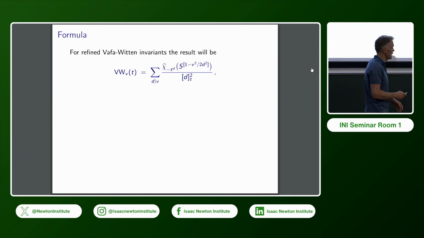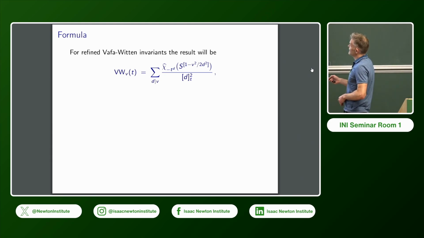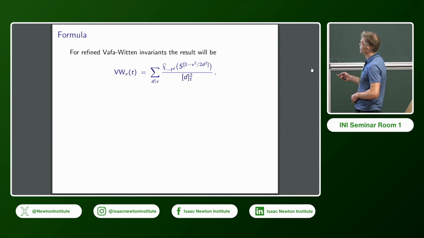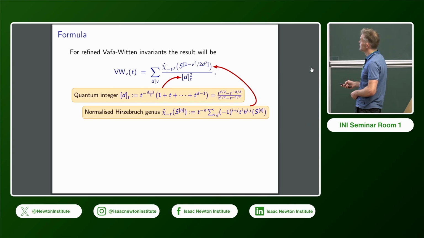So you get this 1 over d squared multiple cover formula. So the sheaves on S, when you thicken them up d times, they contribute a 1 over d squared multiple cover formula. And then the contribution on S is given by what it would be in the stable case, which is a certain Hirzebruch genus evaluated at t to the d. So let me explain what all these terms are.